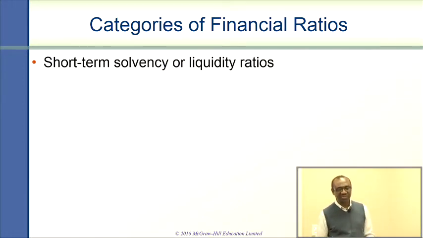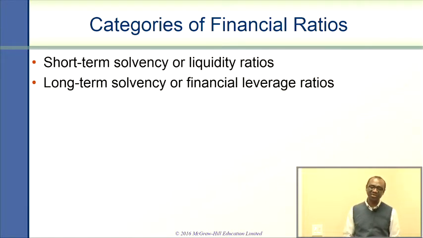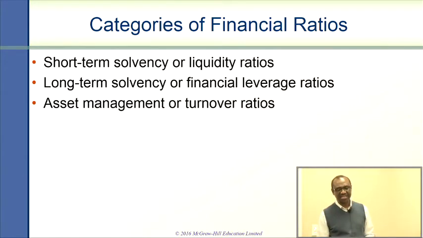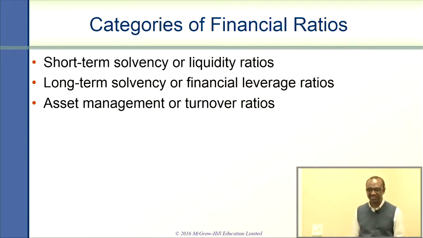The first one is the short-term solvency or liquidity ratio. The second is the long-term solvency or financial leverage ratio. The third is the asset management or turnover ratio.